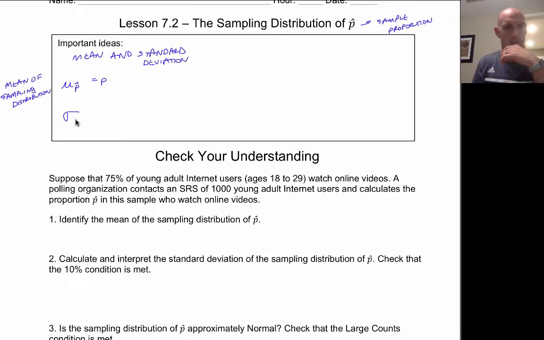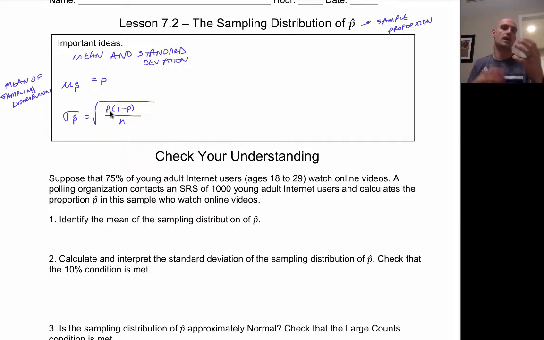And the standard deviation of my p hat should be equal to the square root of my true proportion times 1 minus my true proportion, over n. So p, the true proportion, is what I'm trying to measure. 1 minus p is the proportion of things I'm not trying to measure.